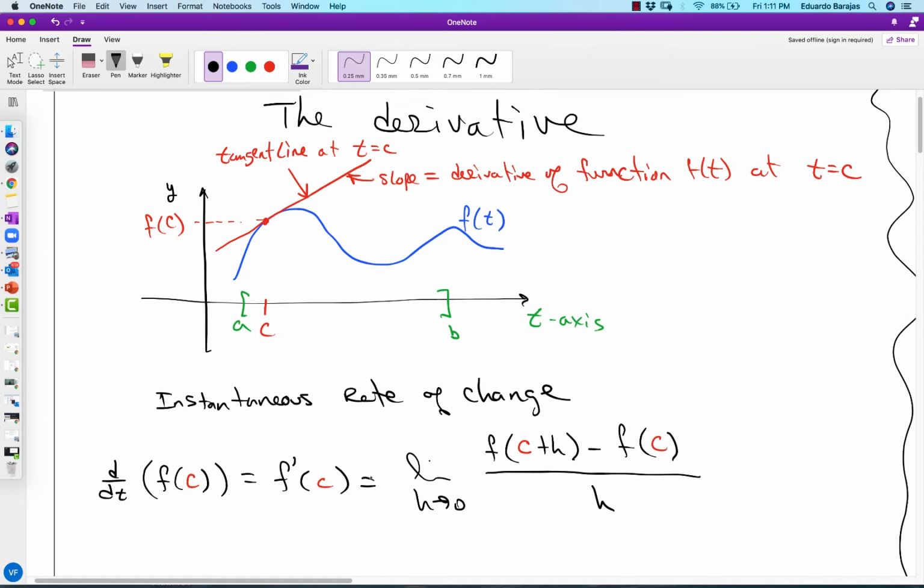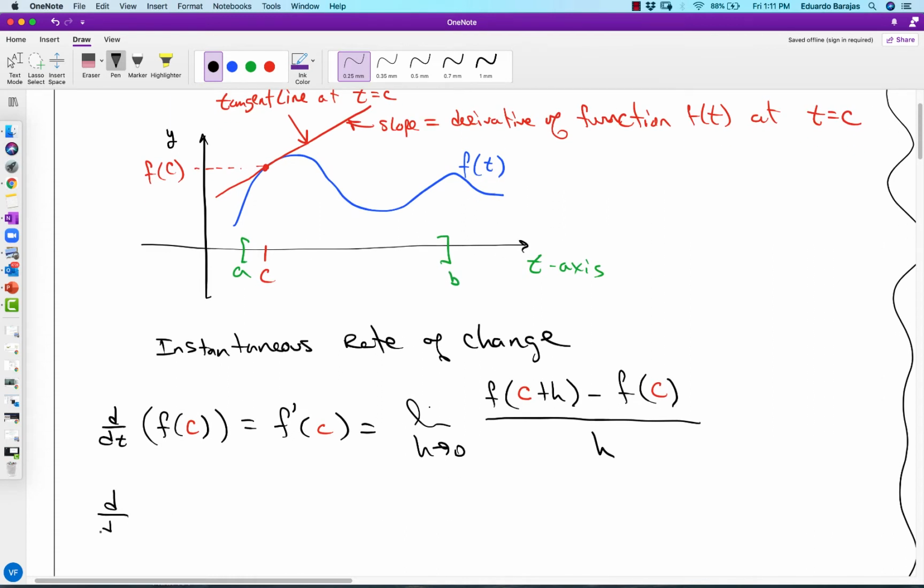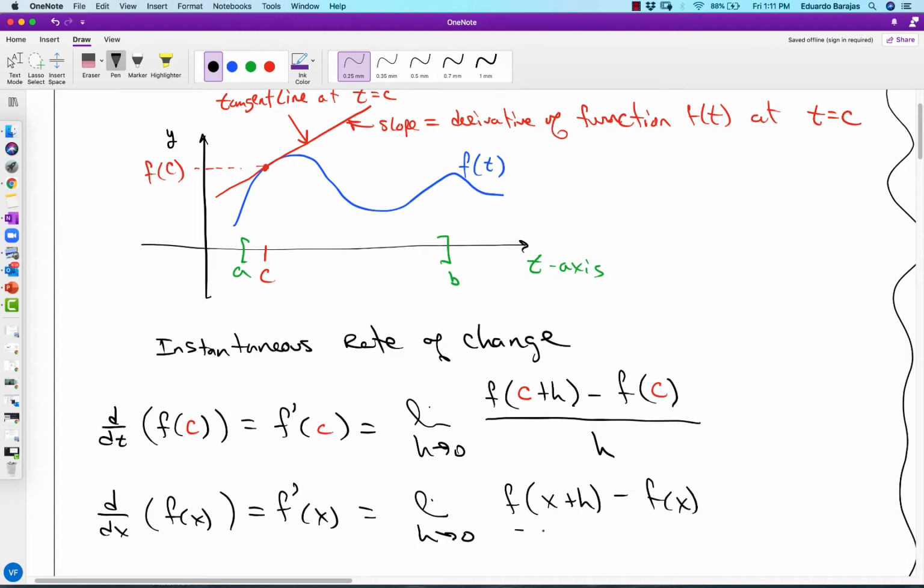So we might have seen it this way before: d/dx of f of x equals f prime of x, which is equal to the limit as h goes to 0 of f of x plus h minus f of x all over h. Okay, so the x is a dummy variable. It doesn't have to be x, it could be any variable. So I chose to use c here just because I'm saving my x. But this might look more familiar. So that's what we did with derivatives.